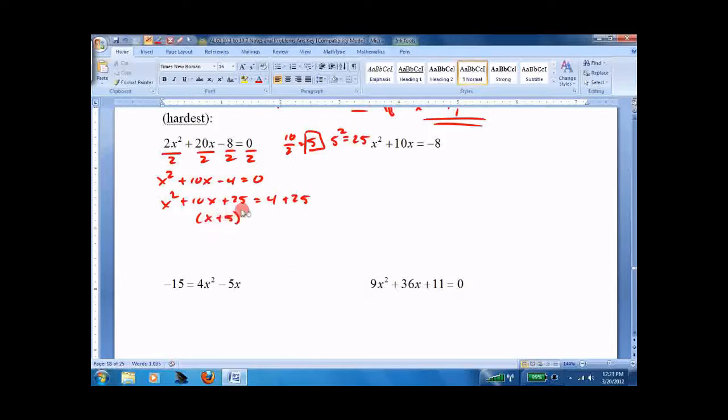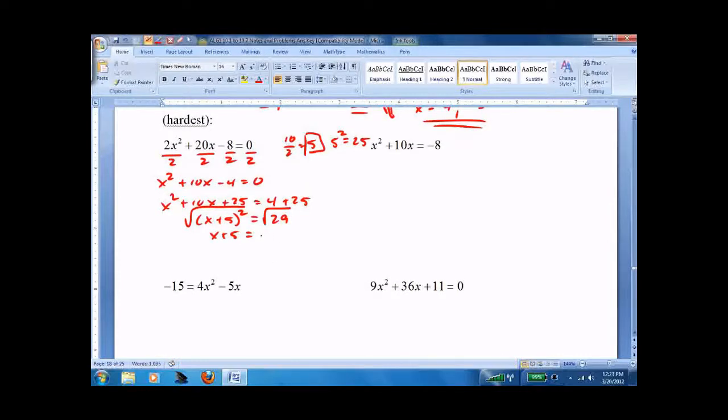X plus 5 squared equals 29. Square root. Square root of 29 is 5.4, plus or minus 5.4. X equals 10.4. Negative 0.4. Check them, they work.